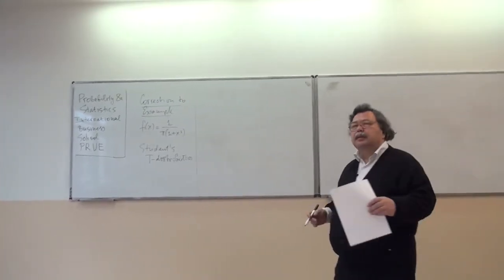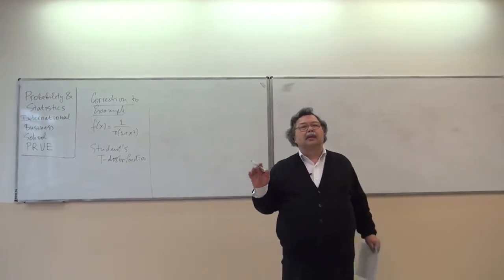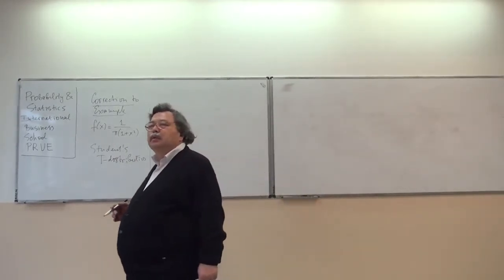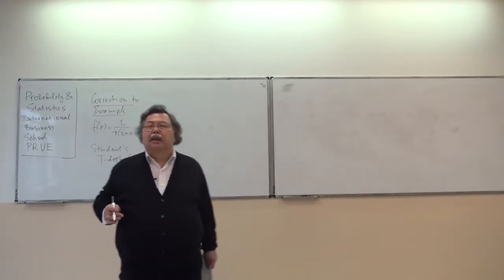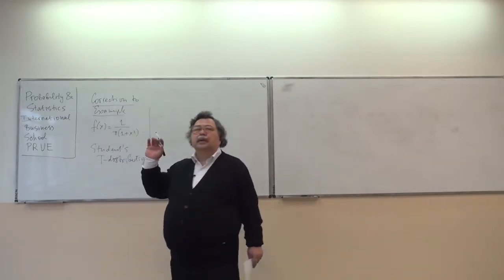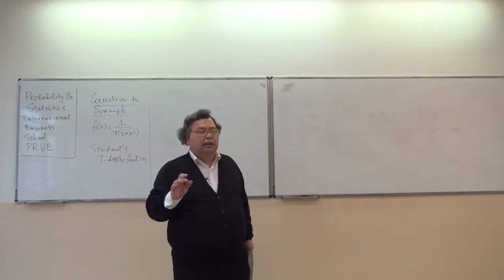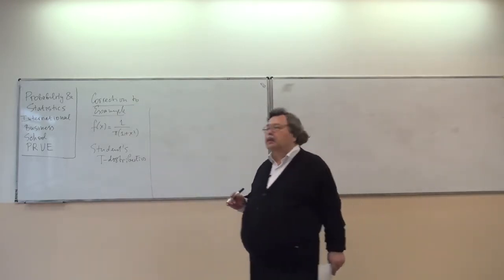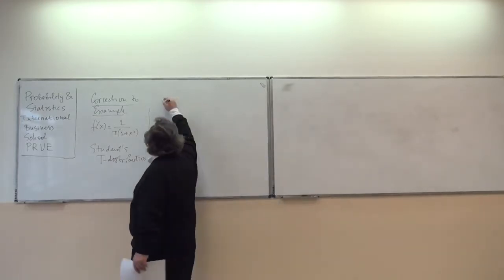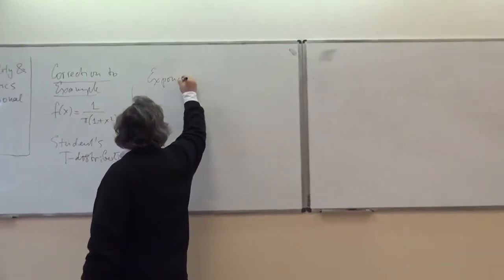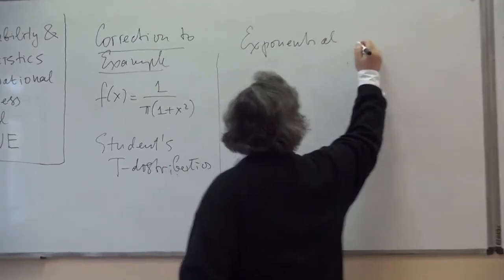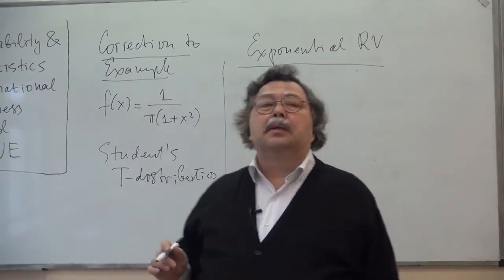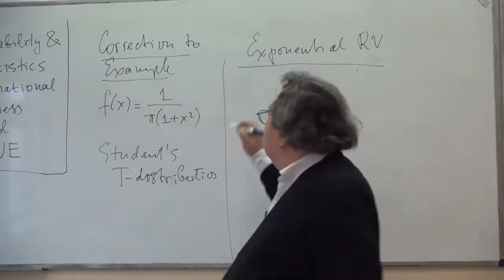Next, let me remind you that we are now in the process of discussing continuous random variables, and we talked about the uniform random variable. Another important example of this is the exponential random variable. I'll introduce it using an example.